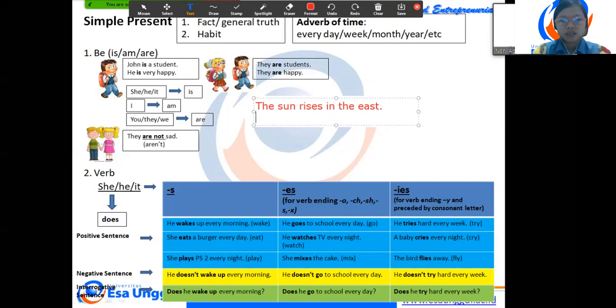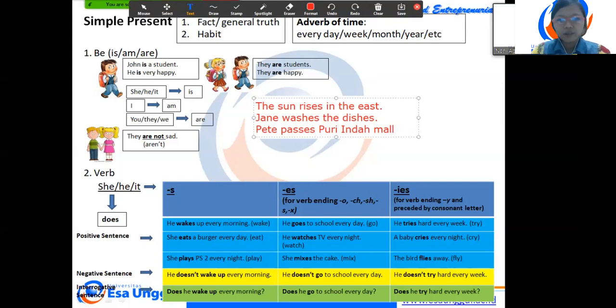Now look at this example. Jane wash, because the ending sh, we put es. Jane washes the dishes. And then if the verb pass, the ending s, we put es. Pete passes Puri in the mall.